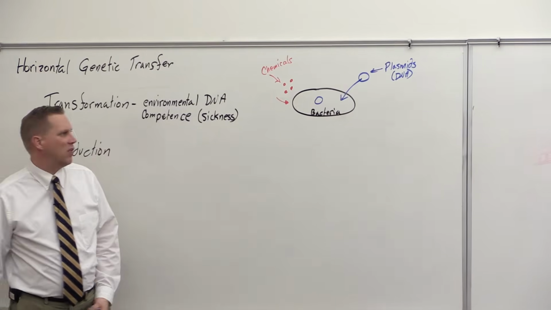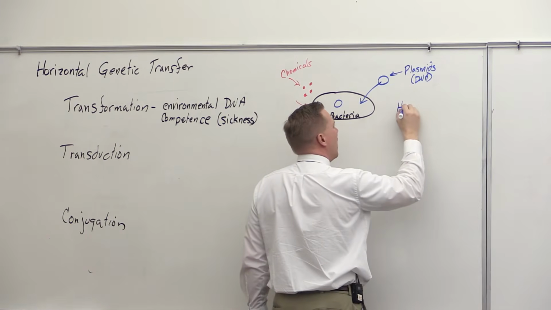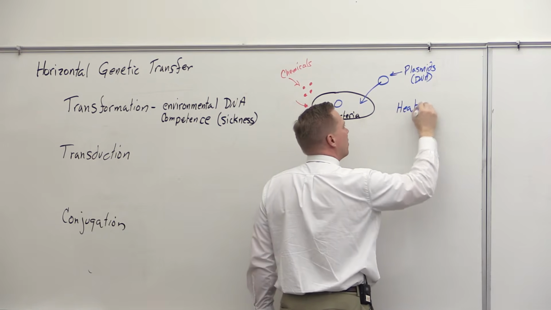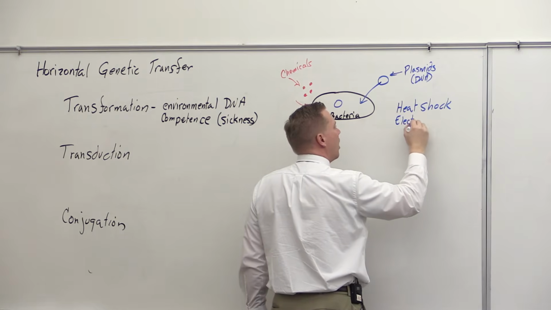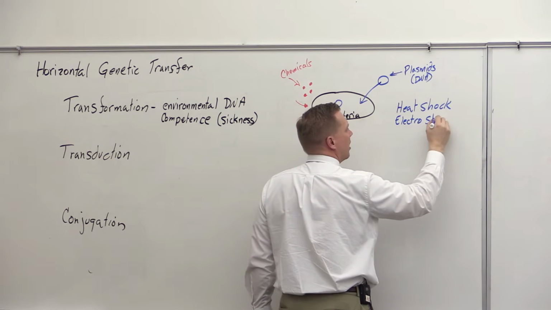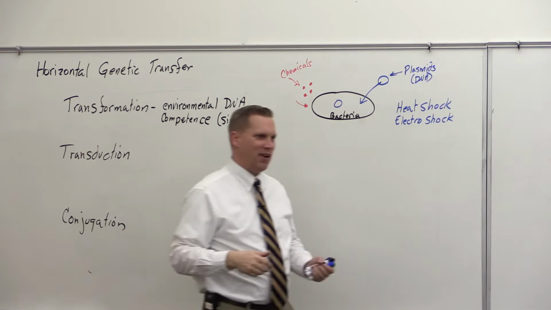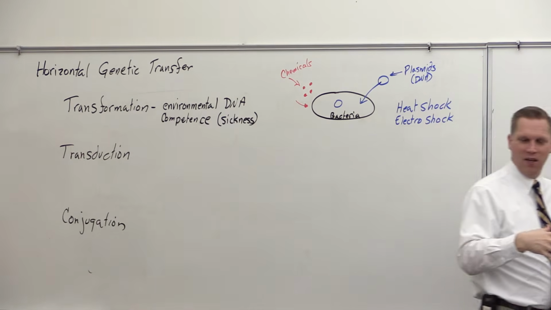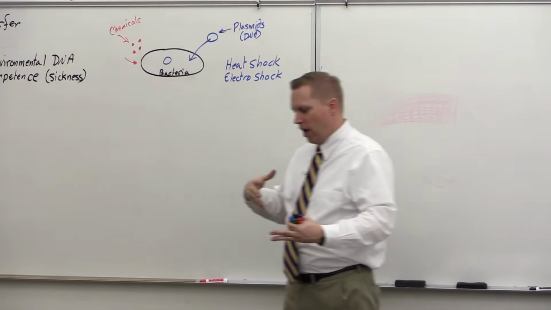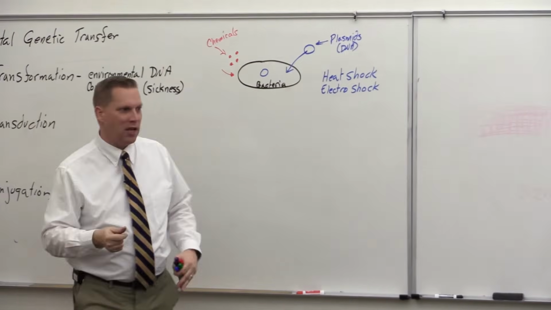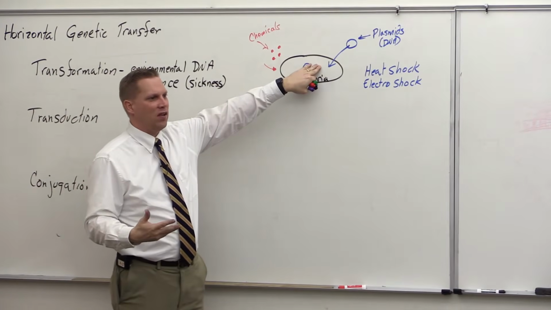And that's called transformation. Usually it requires a couple things. You have to use competent cells, and you have to shock it, heat shock, either with heat, or you can actually electrocute it also. And so you kind of abuse the bacteria in that you make it sick, you make it uncomfortable, and then you stick it in a really foreign environment rapidly, and then it just causes some kind of natural process to occur in the cell.